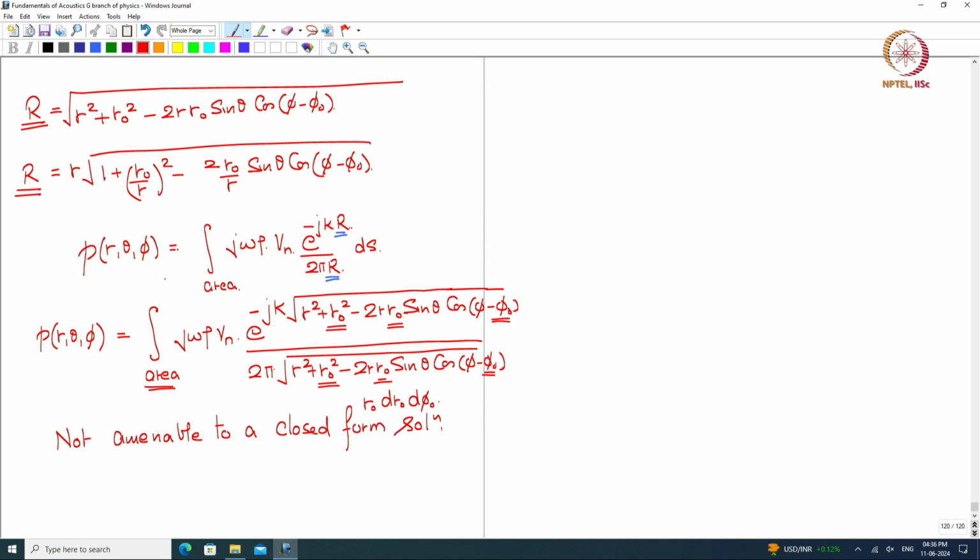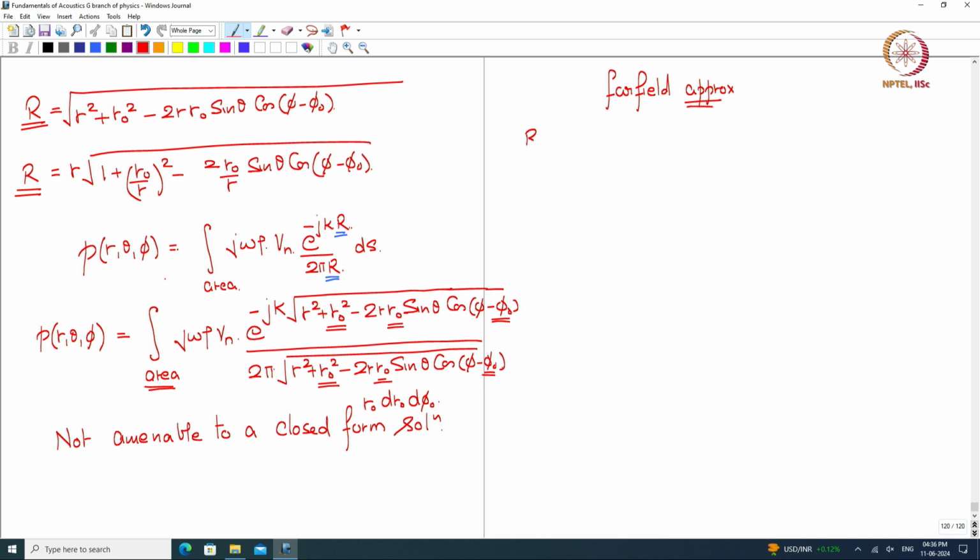So we are looking now for a closed form solution for a sound field from a piston in a wall. Okay, so what do we do? This is where we do the far field approximation. In the sense, we can't have r0 phi 0 in the denominator.